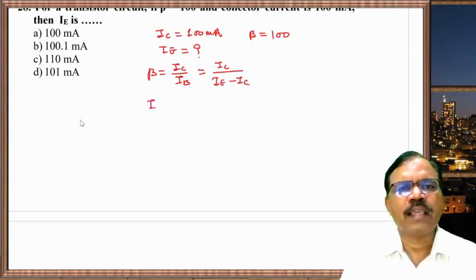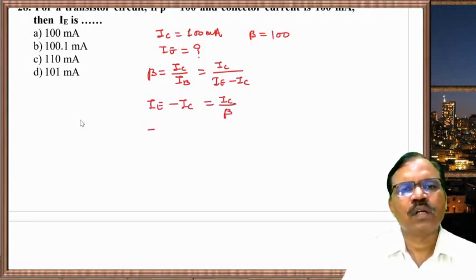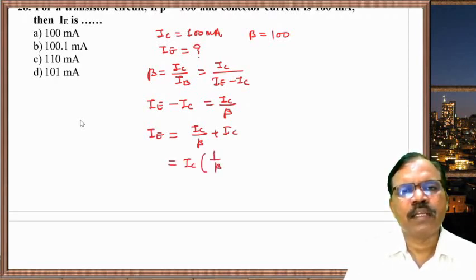So IE minus IC will be equal to IC upon beta. So IE is equal to IC upon beta plus IC. So we get IC into 1 upon beta plus 1, so IC into (1 plus beta) upon beta.